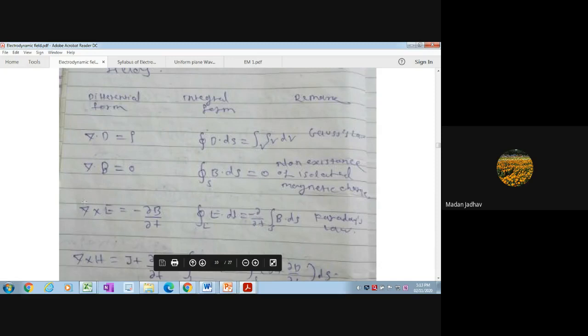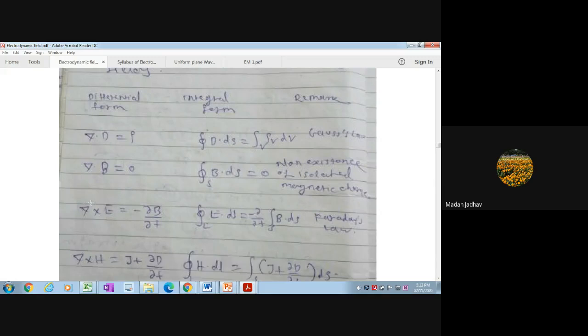Now you know what the curl is. The curl operation gives a rotating field, a rotating vector, when you take the curl of any specific vector.